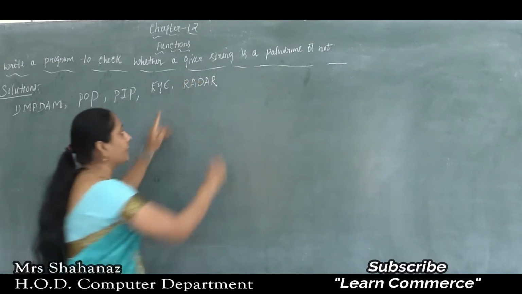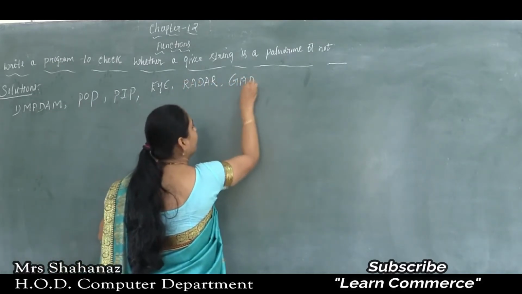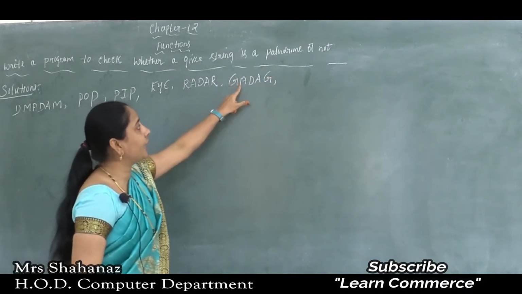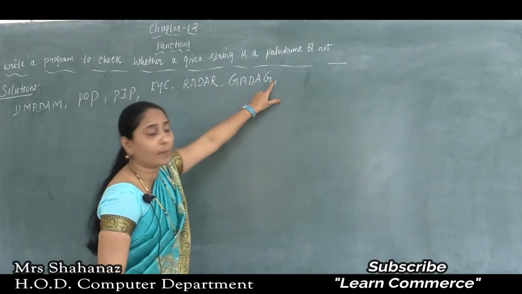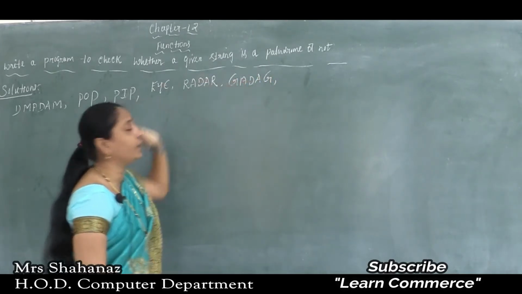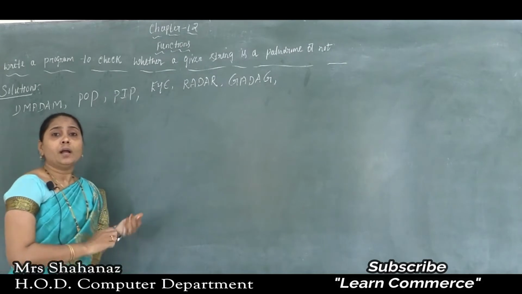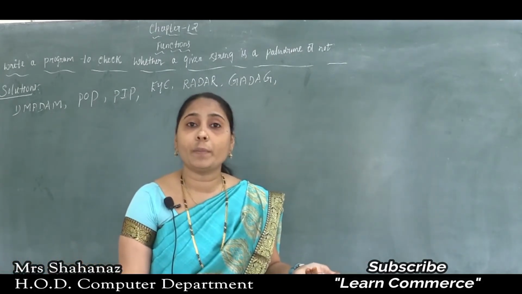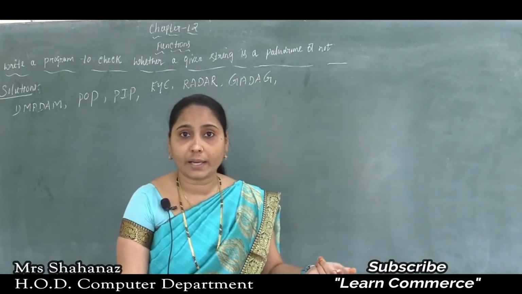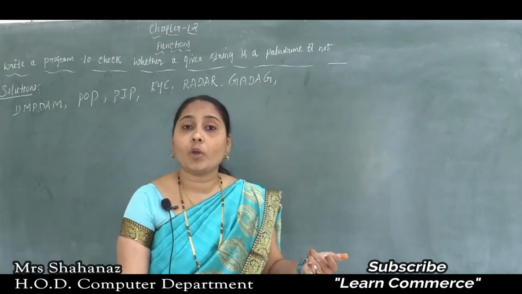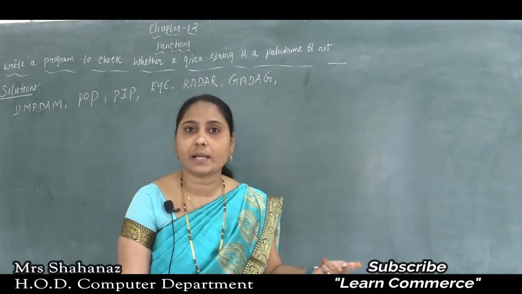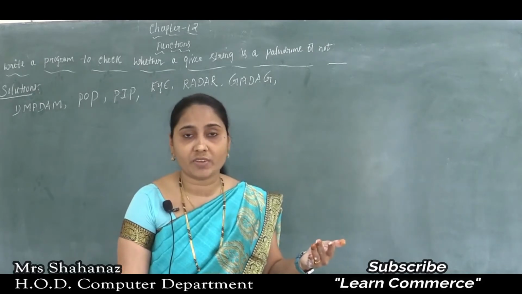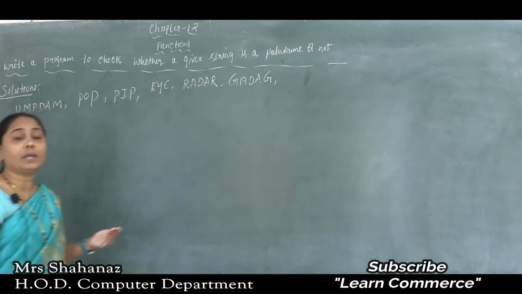Or some other example is gadag, spelling GADAG. When you start from the right, GADAG again. Like that there are many others: rotor, ROTOR, or the race car, which is also an example of a palindrome, or Malayalam, which is also an example of a palindrome.